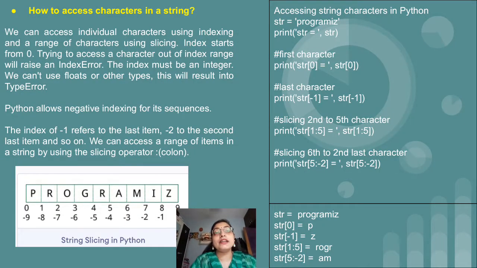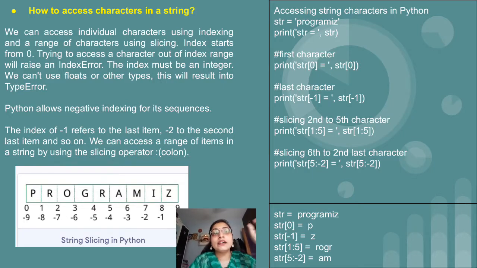Now the next part is how to access characters in a string. Just now, as I said, a string is nothing but a character array. So when we write the string, for us it is a particular text or word, but for the interpreter it is a kind of array. So definitely we are going to have numbering.